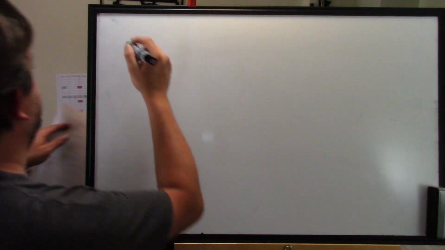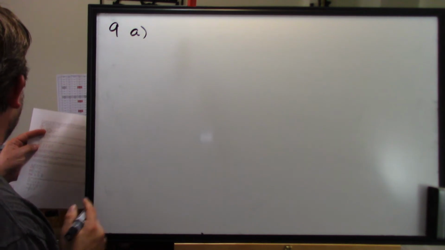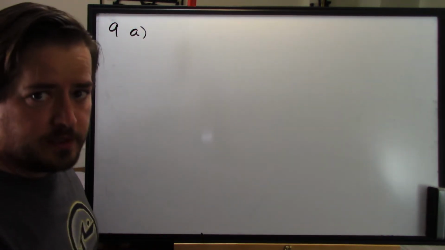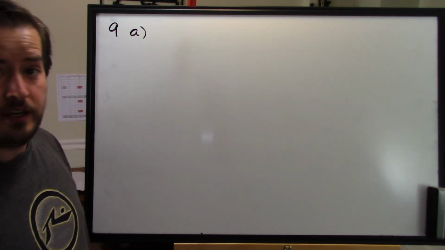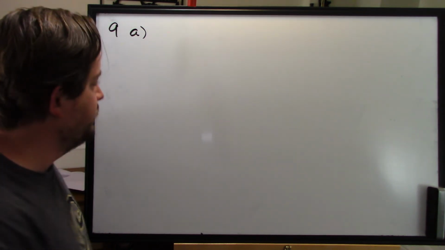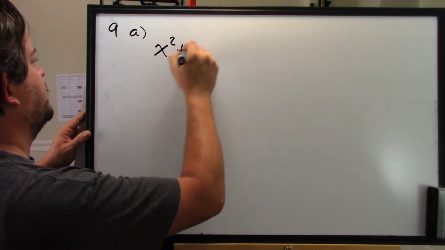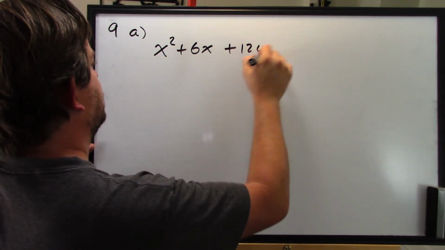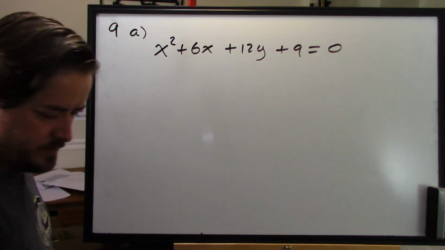Okay. Let's look at 9a. 9a says complete the square and then describe whether it's an ellipse, a parabola, a hyperbola, or a degenerate. And we'll talk about that on D. But for A, I've got x squared plus 6x plus 12y plus 9 equals 0.